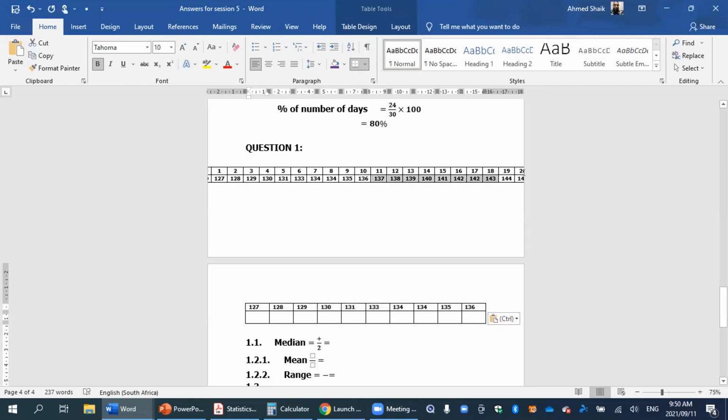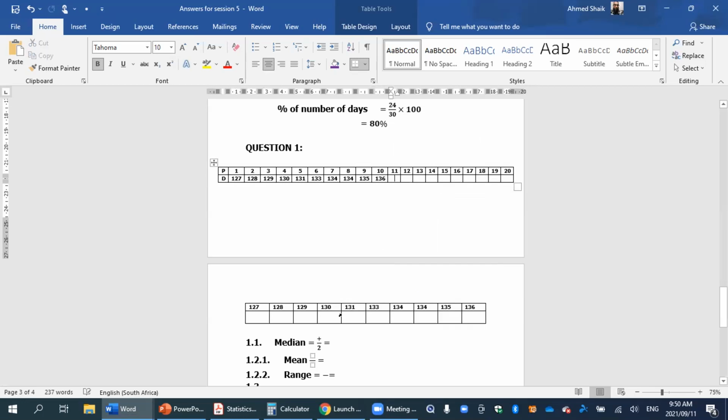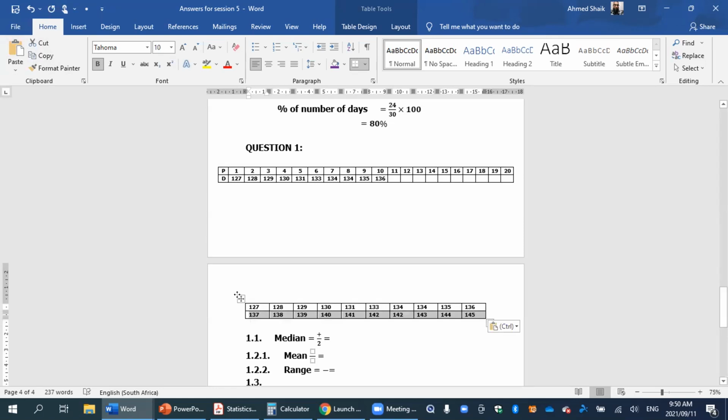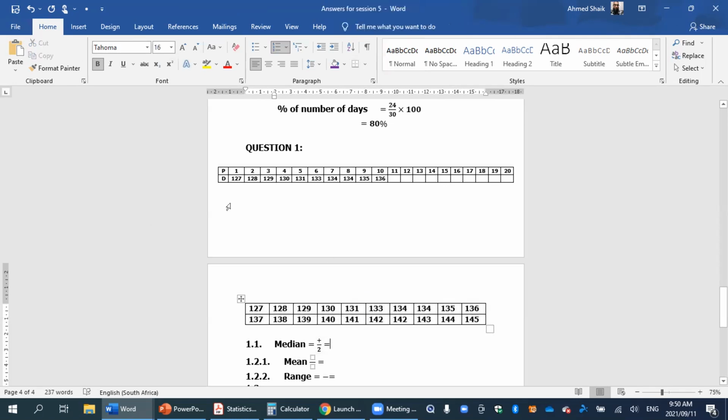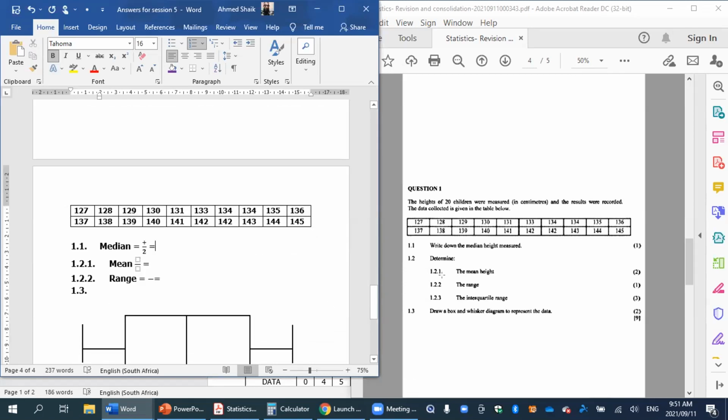Our second 10 values. Okay, perfect. Okay, so let's look at the questions that are asked based on this data set. So we're looking at question 1.1. Write down the median height measured.